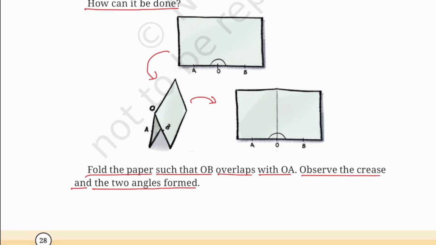In this figure, you have to fold such that OB overlaps OA, like this. Then you have to unfold and see the angles formed, AOC, this point is C, and COB. Both will be equal.